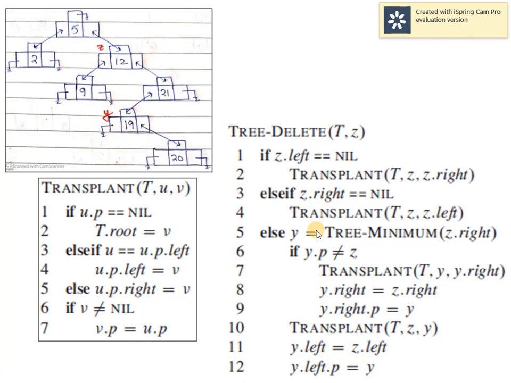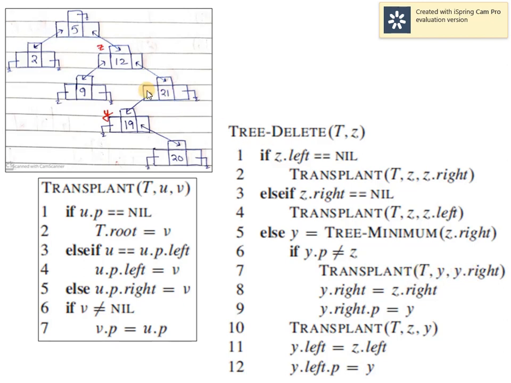Now we will check if y.p is not equal to z. That means, is the parent of y equal to z or not? In this case, the parent of y is not equal to z, so the if at line number 6 is giving us true. So we have to call the transplant procedure for y comma y.right.